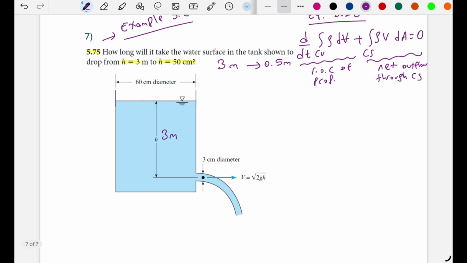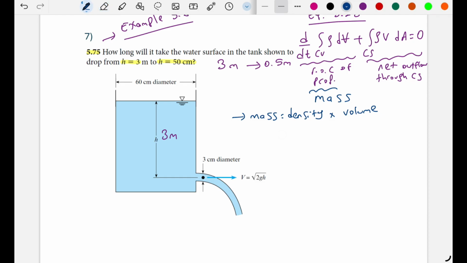So let's get started with the first term. Here we have mass, and as you can see, mass is density times volume. Here we can use rho for density, and we can use area times height.